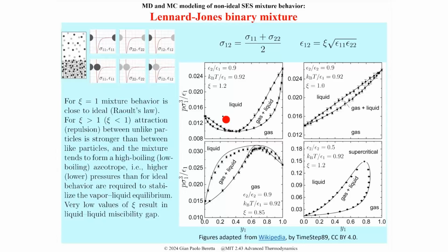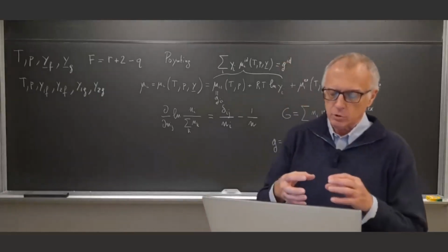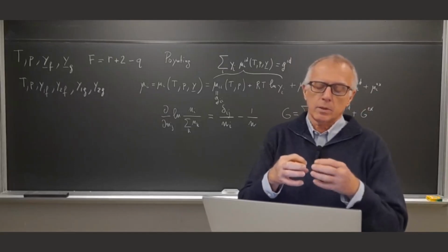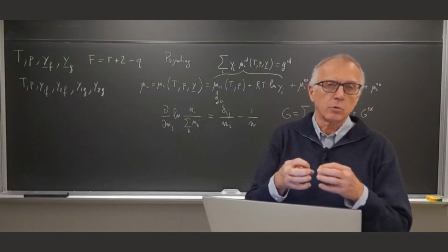It explains that you can assume for the sigma, you remember that in the Lennard-Jones model, sigma is a representation of the diameter, essentially, of the particle.